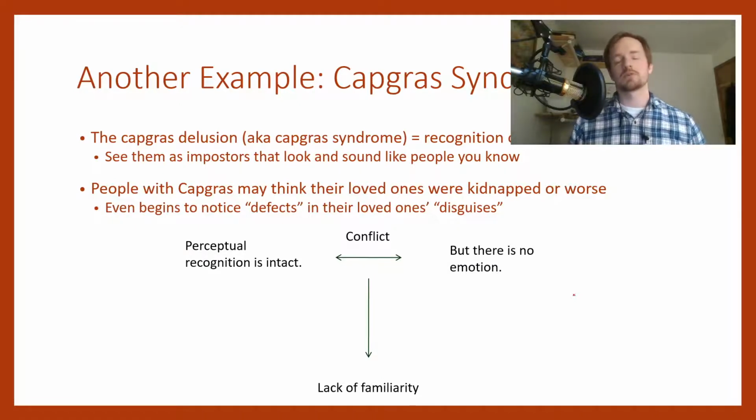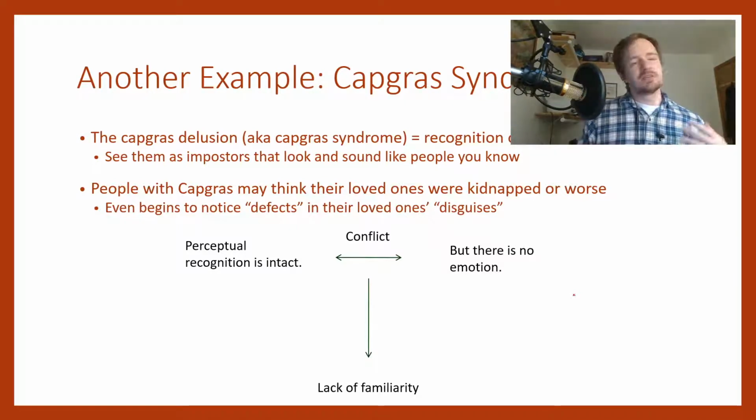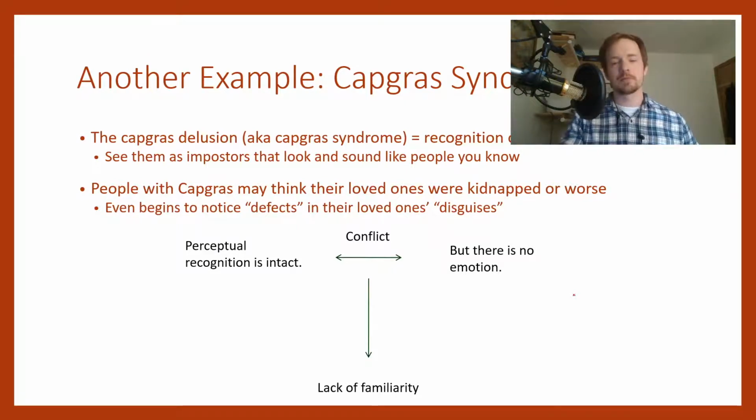The Capgras delusion, sometimes called the Capgras syndrome, is this feeling that people have where they know and recognize the people in their family and their friends, but they assume that those are imposters, that they have been abducted and kidnapped and replaced by complete strangers, which is terrifying to think about, right? So you recognize them, you know they're supposed to be your mom or your dad or your brother or your sister, but there's something about them that you're certain that they are not who they say they are.